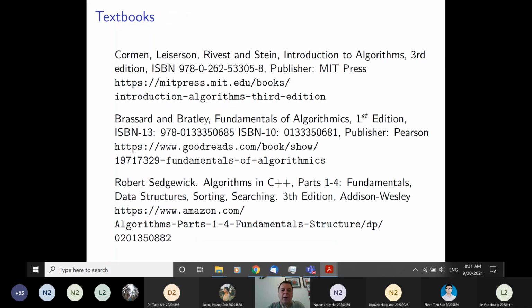We have a textbook that can be used. The main textbook is this one, Cormen, Leiserson, Rivest and Stein, Introduction to Algorithms. Let me see if I can find it.